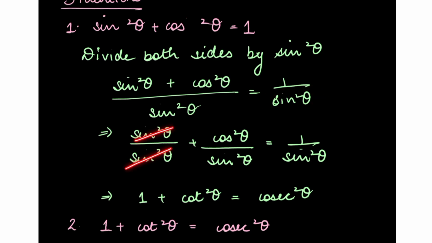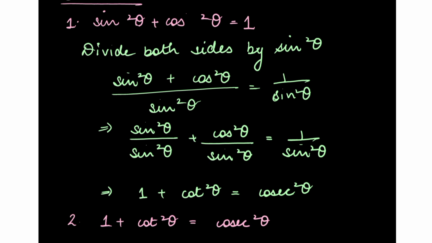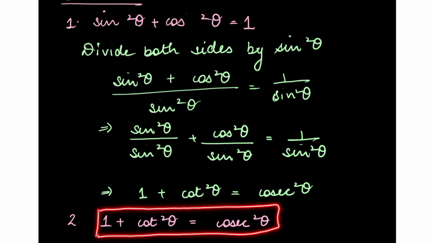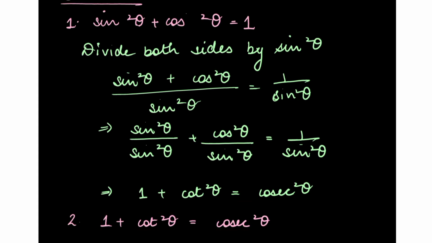So sine square theta gets cancelled out to obtain 1. Cos square theta upon sine square theta, cos upon sine is cot, it becomes cot square theta, and 1 by sine is cosecant, so it becomes cosecant square theta. So the second identity comes out to be 1 plus cot square theta is equal to cosecant square theta.